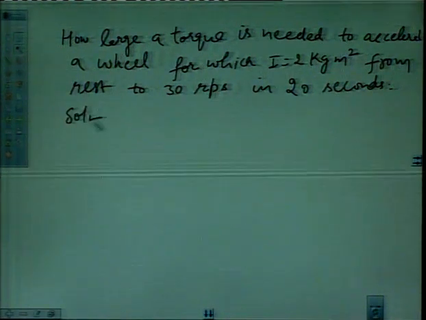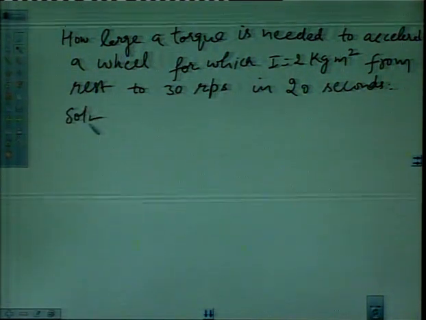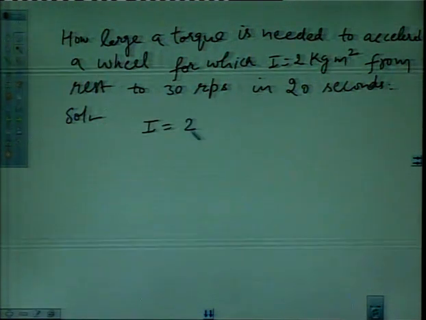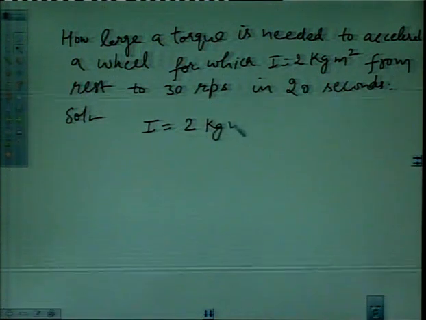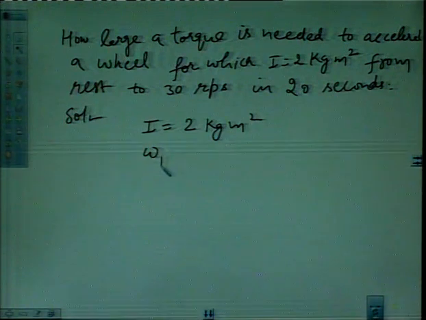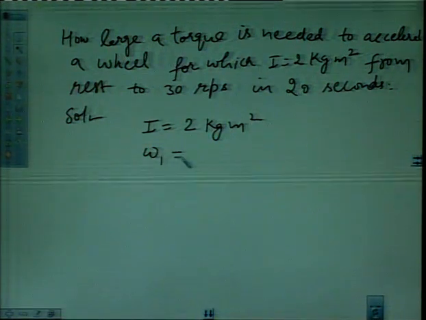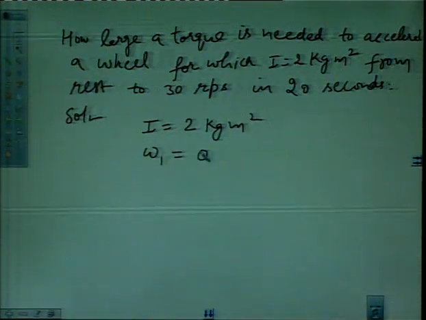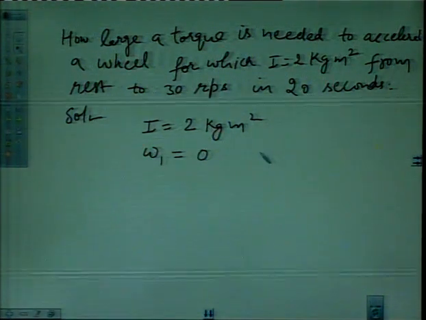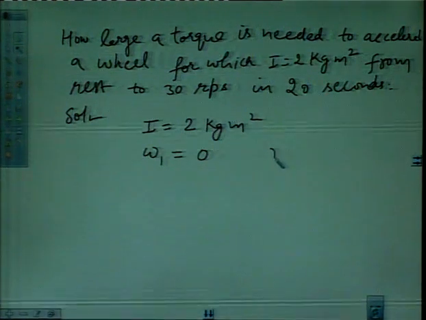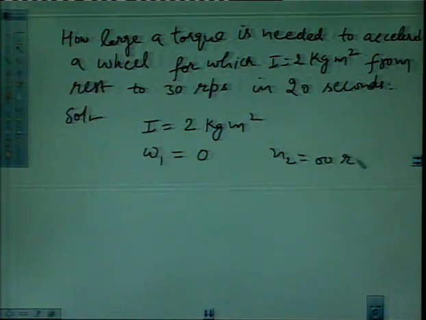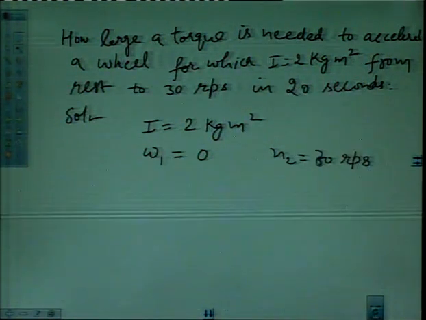So in this case we are given a wheel whose moment of inertia I is equal to 2 kilogram meter square. Its initial angular velocity omega 1 is equal to 0 as it has been started from rest, and frequency N2 is equal to 30 RPS, rotations per second.